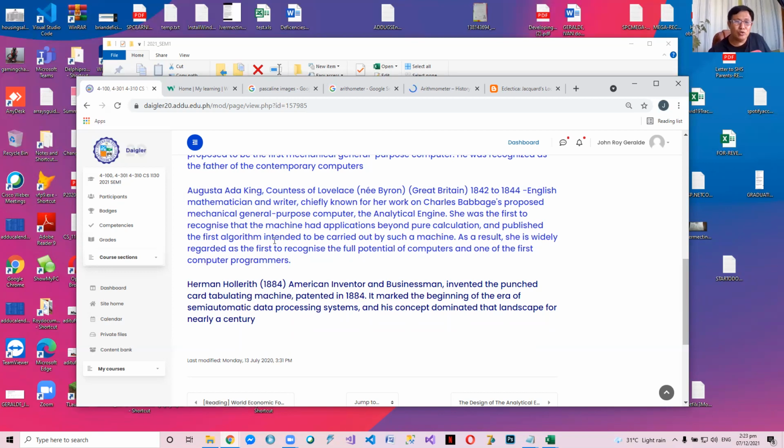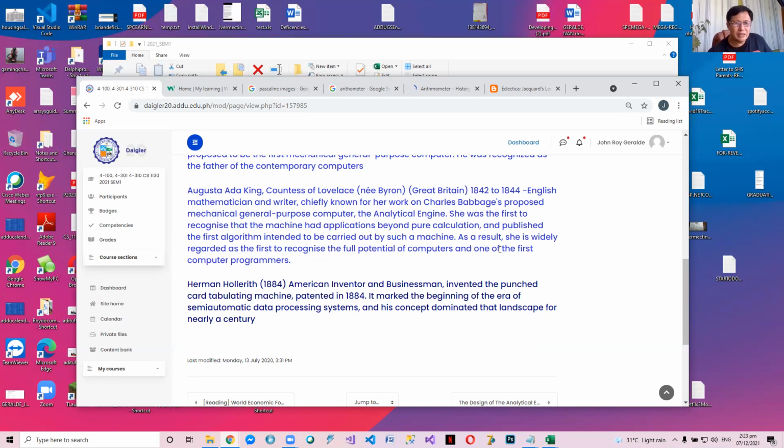In fact, she was known to be the very first computer programmer, because she wrote the first program to be run by the analytical engine invented by Charles Babbage. She is widely regarded as the first to recognize the full potential of computers and, in fact, the very first computer programmer. Okay?